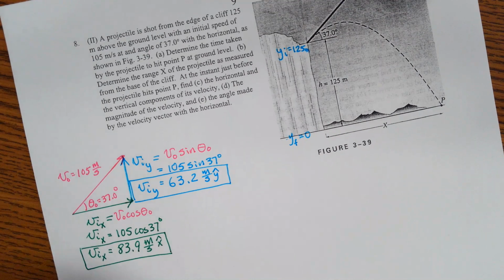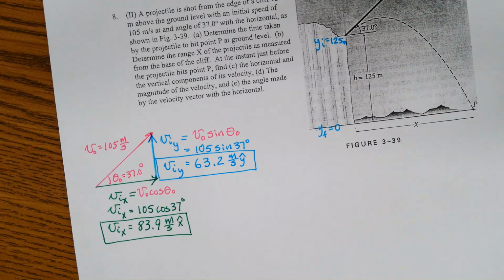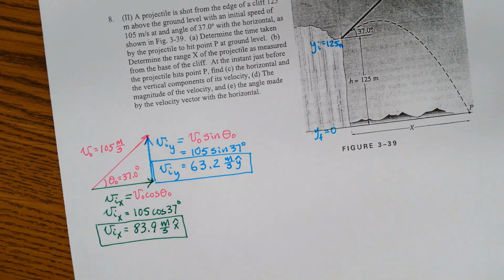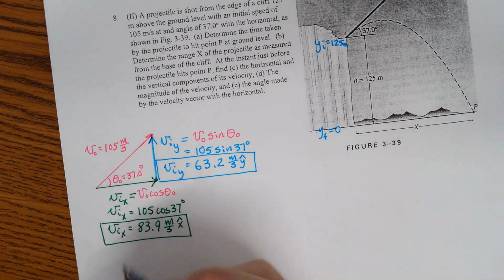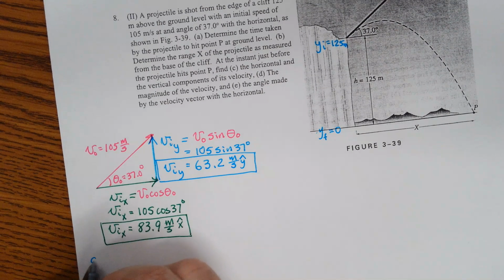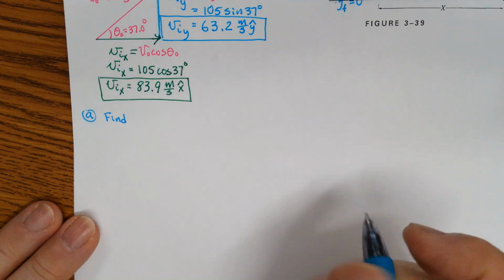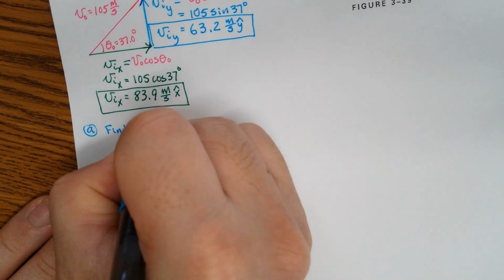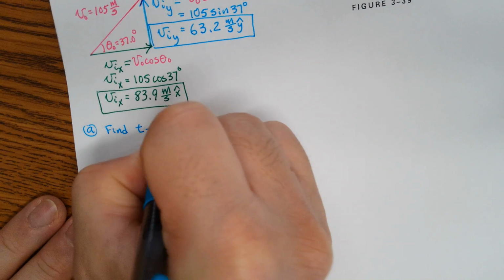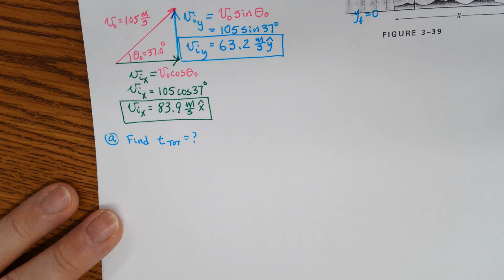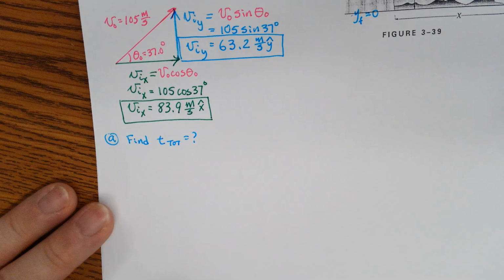All right. So part A, they're asking, how much time does it take, right? So for part A, find T total. For that, it might not be a bad idea to use the Y direction again, right?